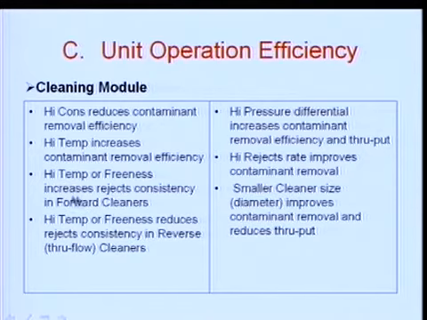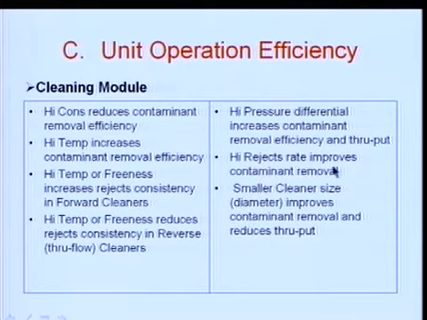High temperature or freeness increases reject consistency in forward cleaners. That's because of freeness, and you get some fractionation. And high temperature or freeness reduces reject consistency in reverse cleaners, which is opposite to that. Again, high pressure differential increases contaminant removal efficiency and throughput, because you get more G velocities.